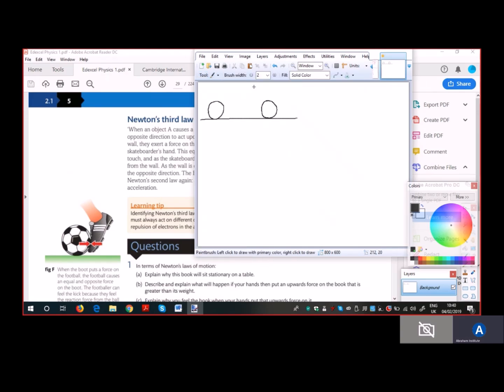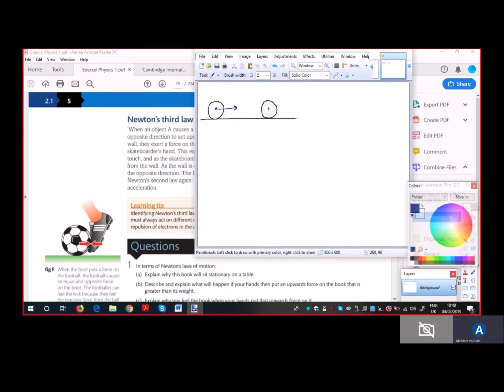Now you can see that between any two bodies there is a gravitational force of attraction. So there will be a gravitational force of attraction on this body, exerted by this body.